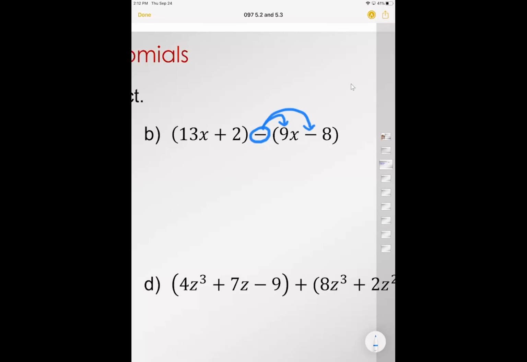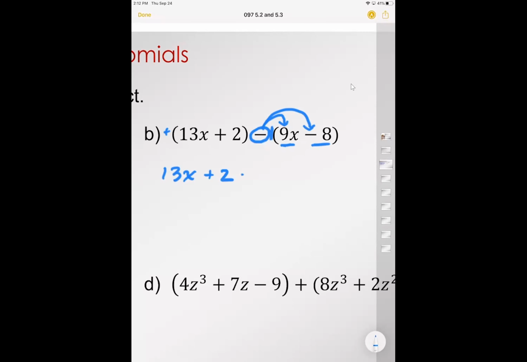In short, whatever signs are in your second parentheses have to change. Up here, because this is positive, I can just drop the parentheses in the first item. But because of subtraction, I cannot drop the parentheses in the second; I have to distribute the negative 1 in.